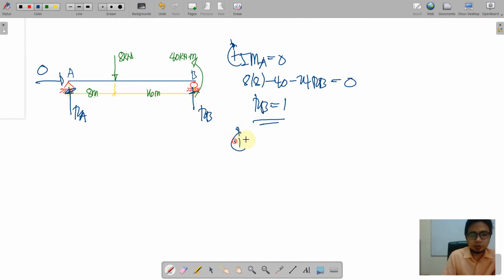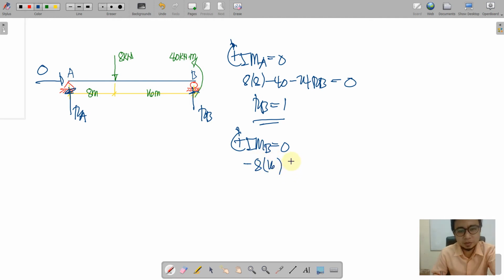So the other reaction, we have summation moments at B is equal to 0. We have negative 8 by 16 plus or minus 40 plus 24 RA is equal to 0. So RA is equal to 7.